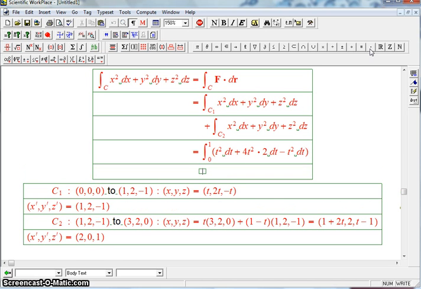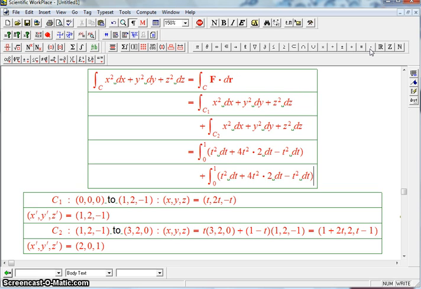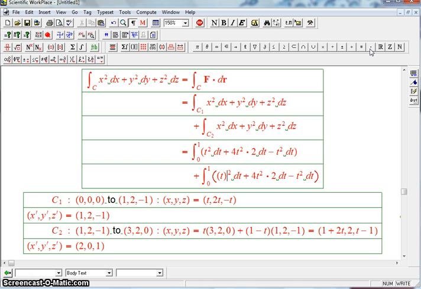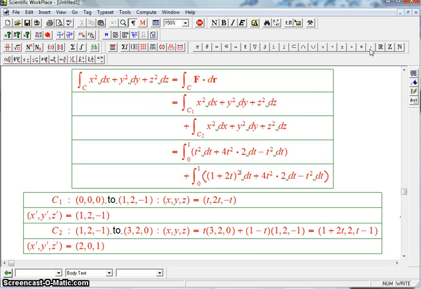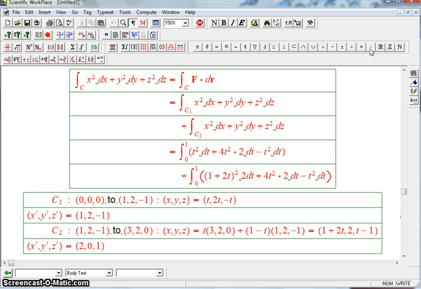Okay. And then similarly for the next one, let's see if we can just copy and paste. Change everything accordingly. x squared is now 1 plus 2t quantity squared. Now that's a 2 dt, because this is a 2. The dy just dies completely.